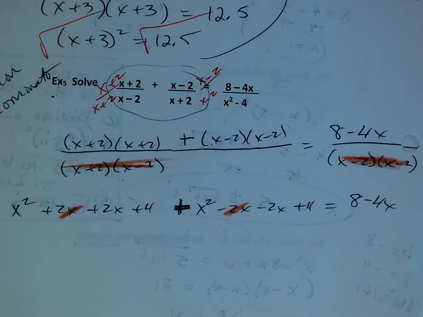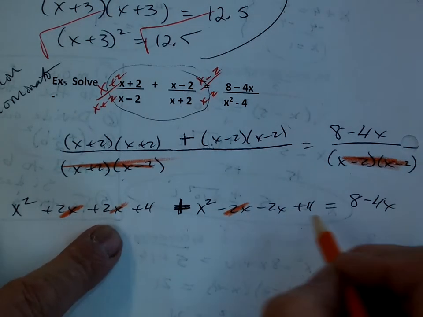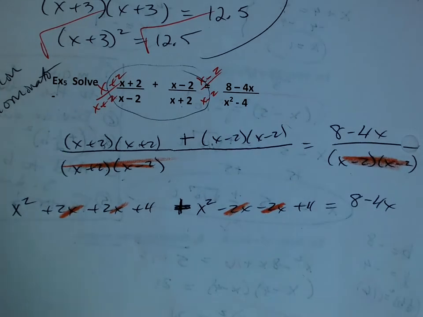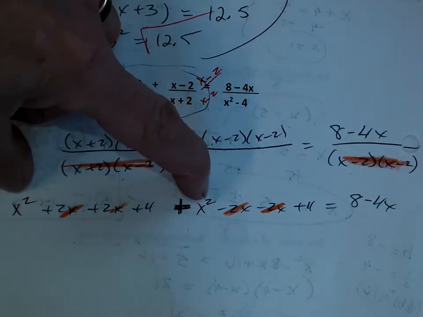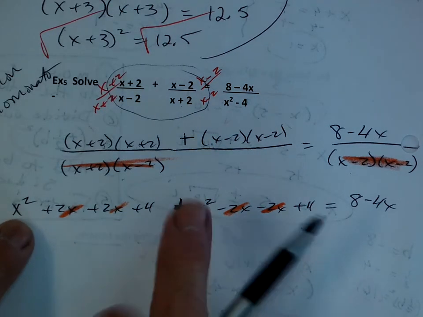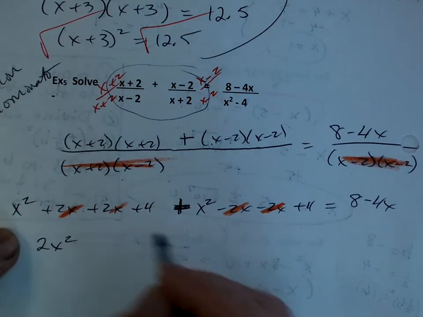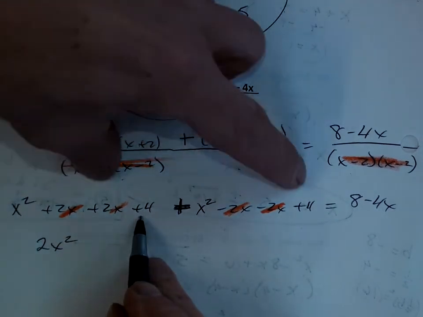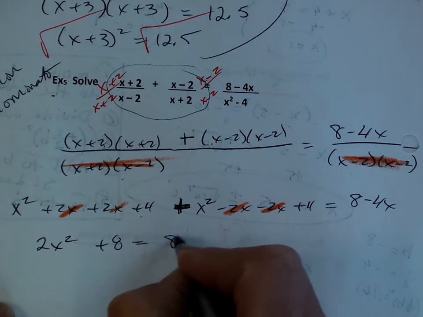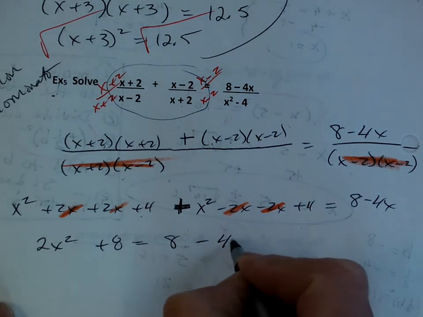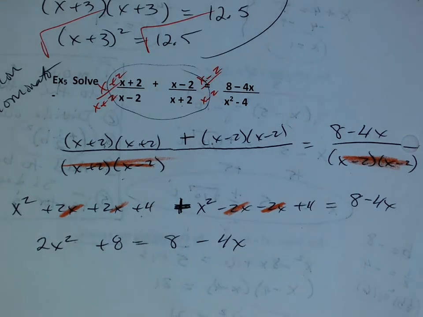And there's another positive 2, negative 2, isn't there? Let's see what I have left. So now I have x squared and x squared, x squared and x squared. I got 2x squared plus 8 equals 8 minus 4x. All right, the problem's getting easier.